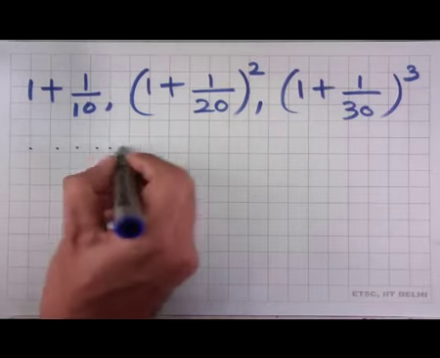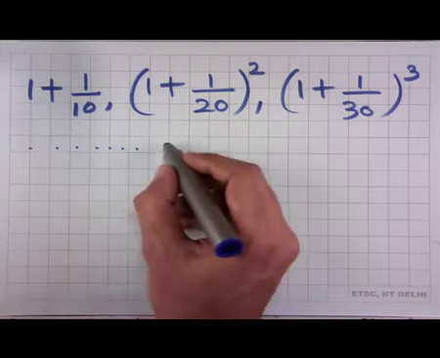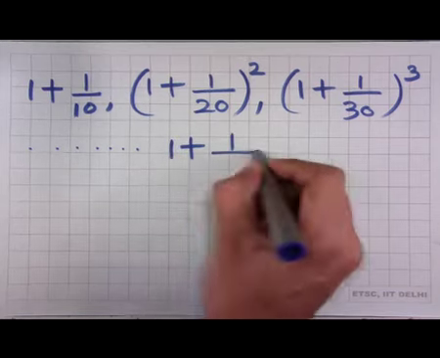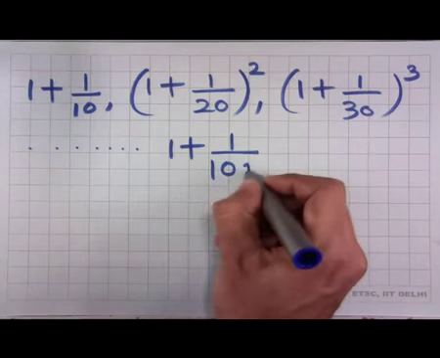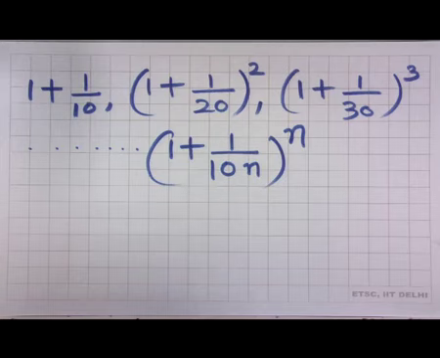etc. If we assume the bank compounds interest n times a year at equal rest, then the amount obtained will be 1 plus 1 by 10n the whole power n.